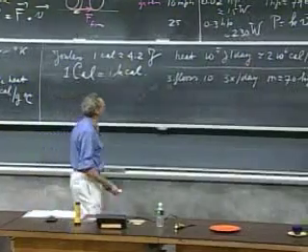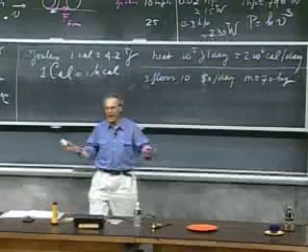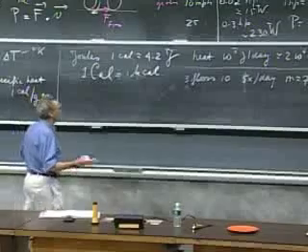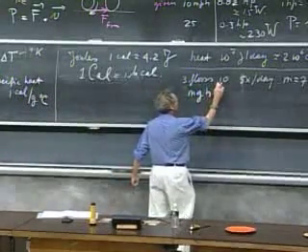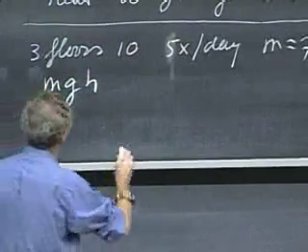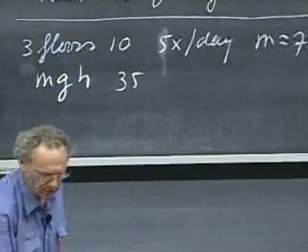Oh, let me do it 5 times per day. Boy, I really go out of my way. 5 times per day I go 3 floors up. Well, the amount of work that I do is mgh. The 10 meters have to be multiplied by 5 because I do it 5 times. And so I get 35,000 joules of work that I do.